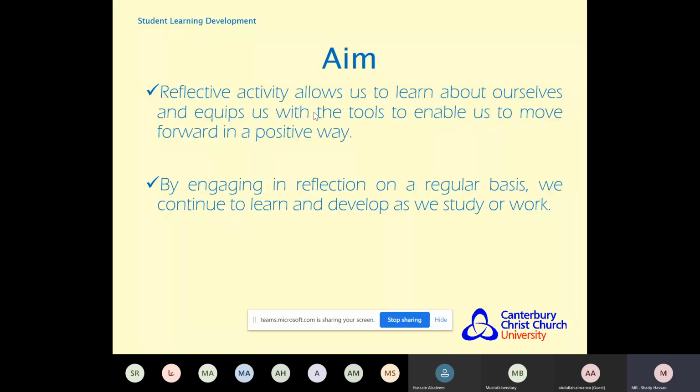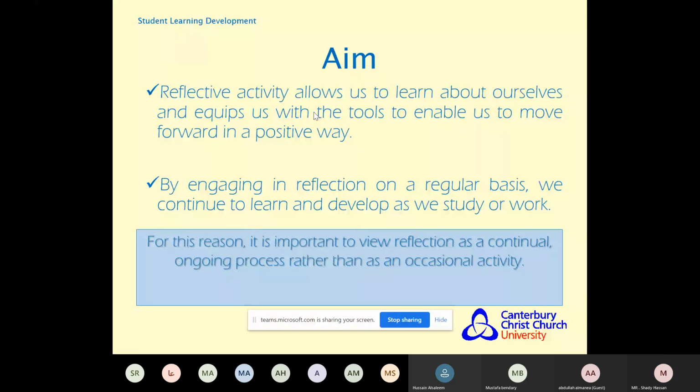By engaging in reflection on a regular basis, we continue to learn and develop as we study or work. For this reason, it's important to view reflection as a continual, ongoing process rather than as an occasional activity.